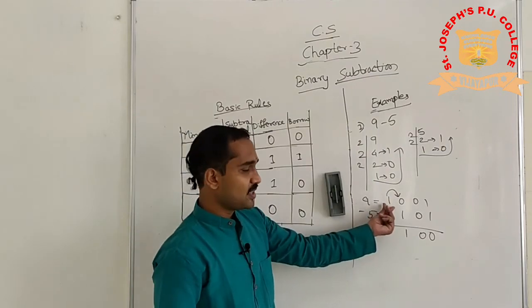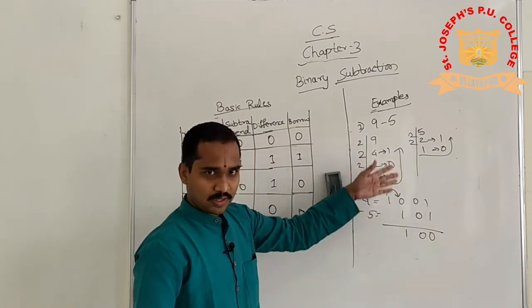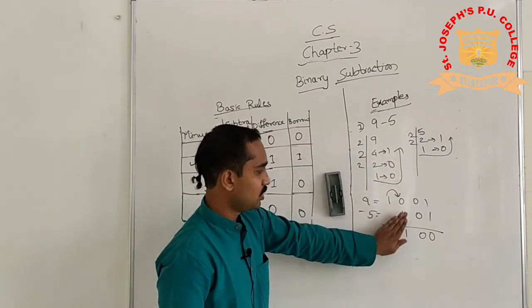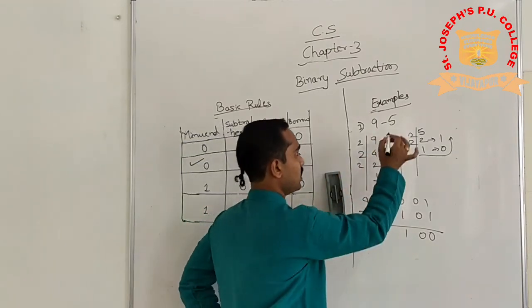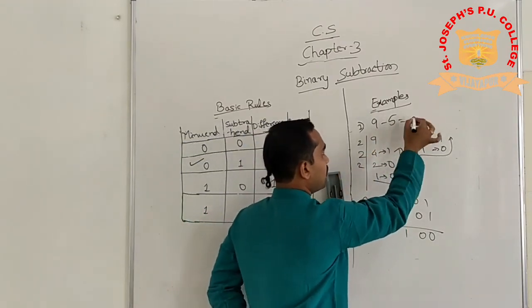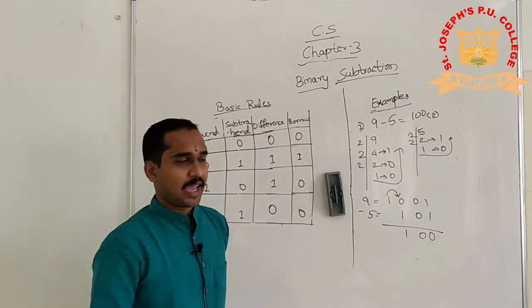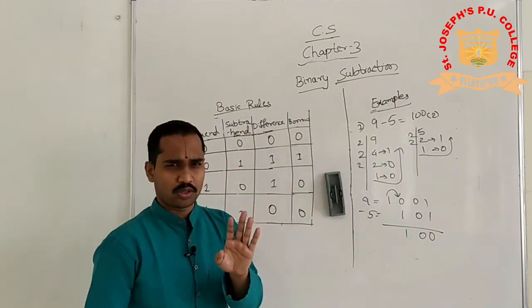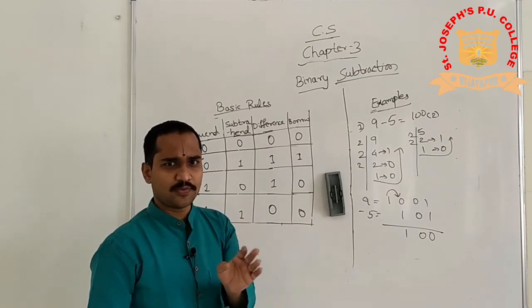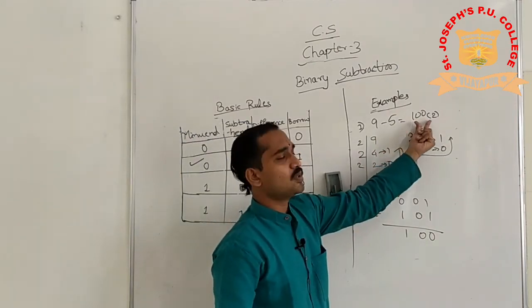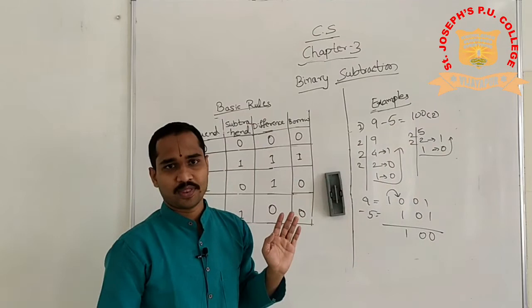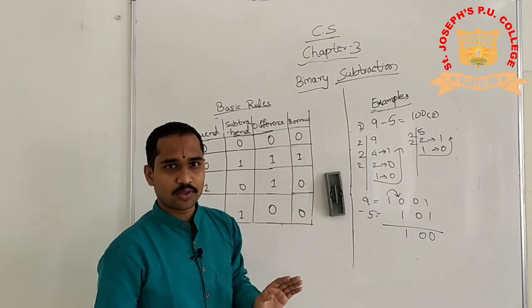Now immediately 1 is there, you have taken as the borrow, so nothing is left here, over. So this is the answer, 100 is the answer. Okay, 100 in binary. Actually 9 minus 5 is 4, normally in decimal. Now that 4 is written as 100 in binary. This is the meaning. Have you understood this?